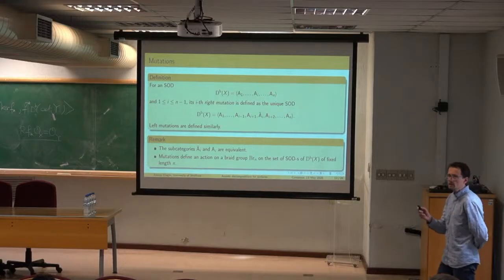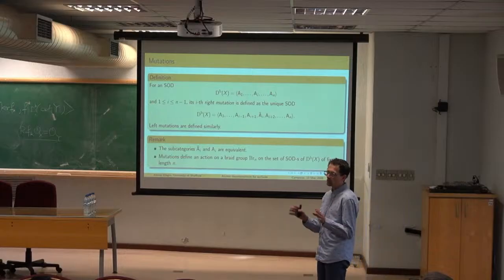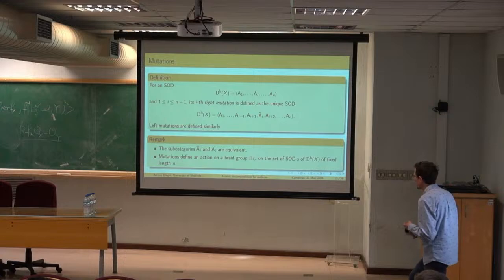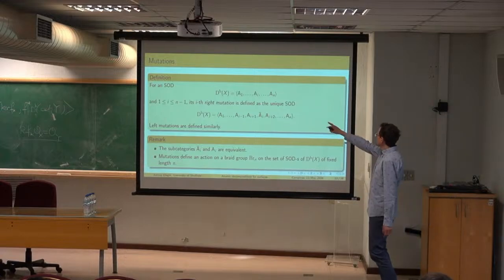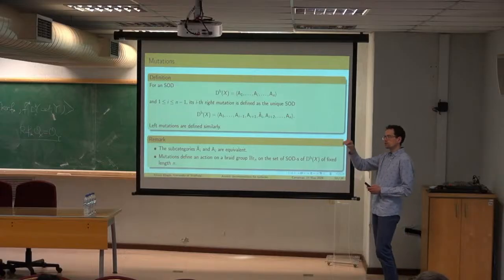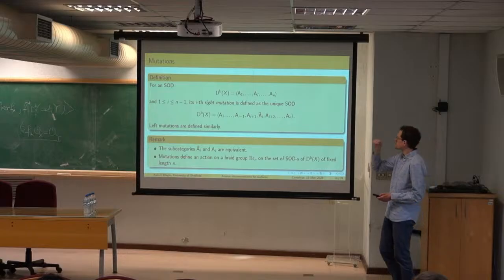Let me explain mutations briefly. Any semi-orthogonal decomposition defines many more semi-orthogonal decompositions by mutations. You pick some subcategory and you can move it to the left or to the right by jumping over its neighbor component.